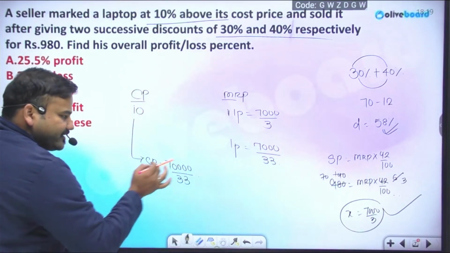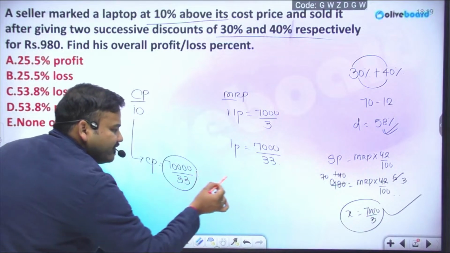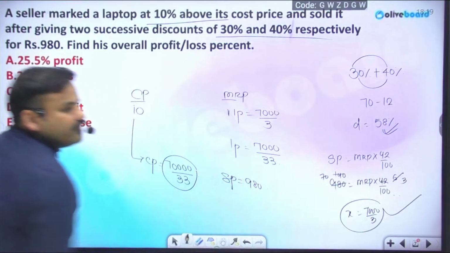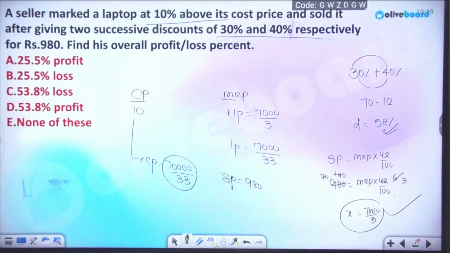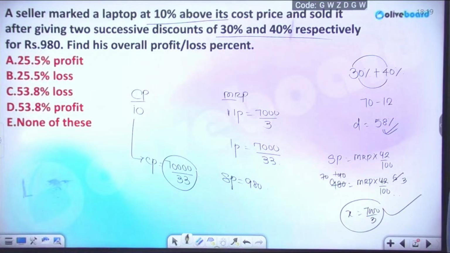So cost price will be 70,000 by 33. This represents the cost price, and we do have the selling price, that is 980 rupees. So we need to calculate the profit percent. What is the amount of profit percent? Clear now? Very good. Very good, Palak.